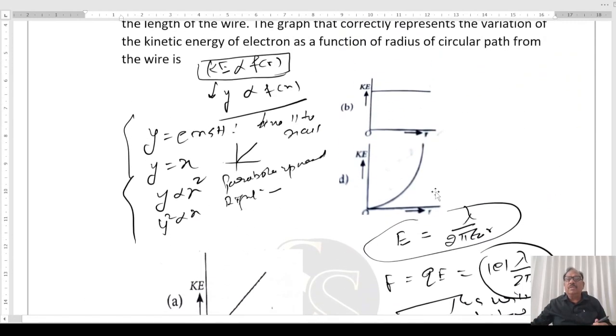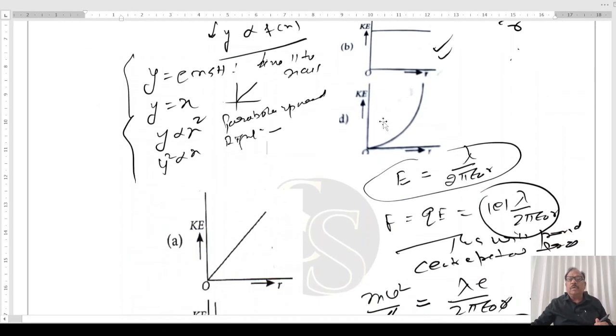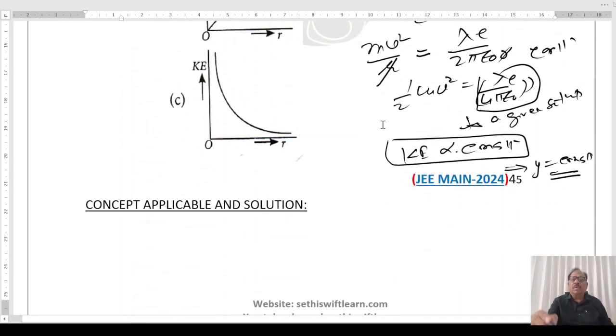So kinetic energy is independent of r. Therefore, B option is the correct option.